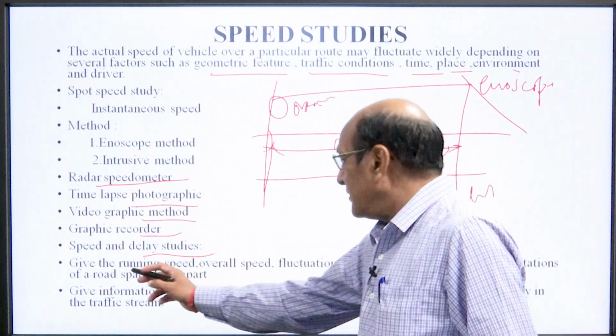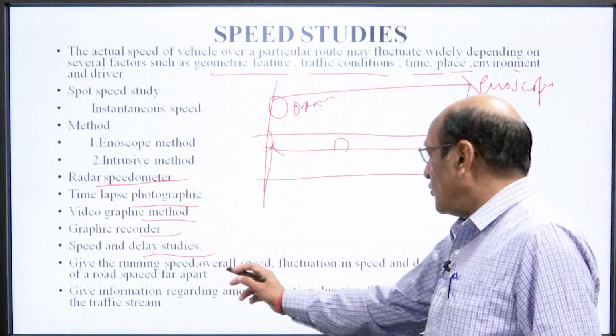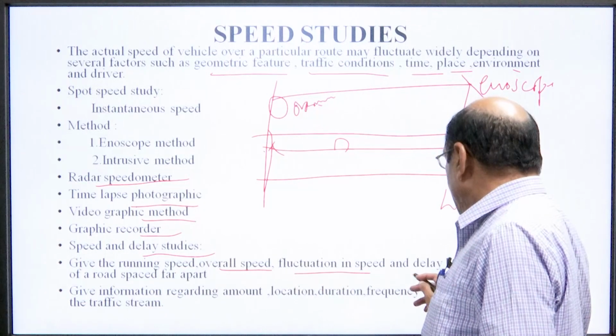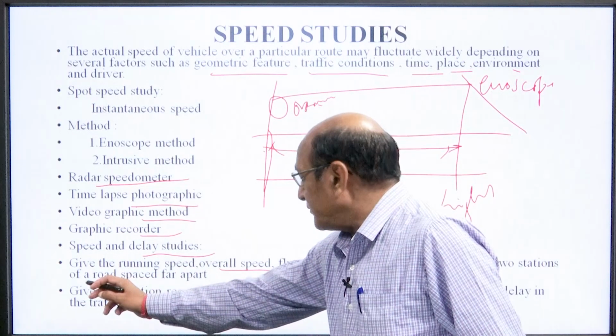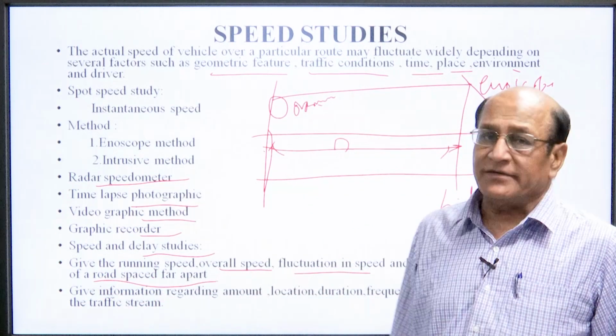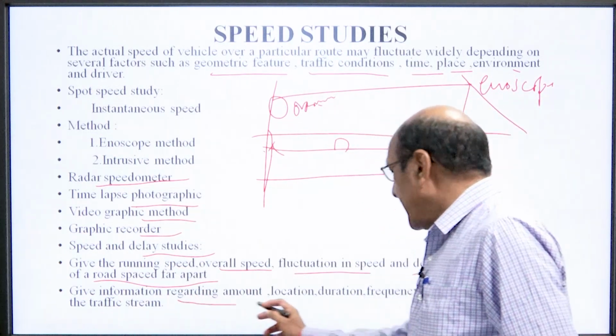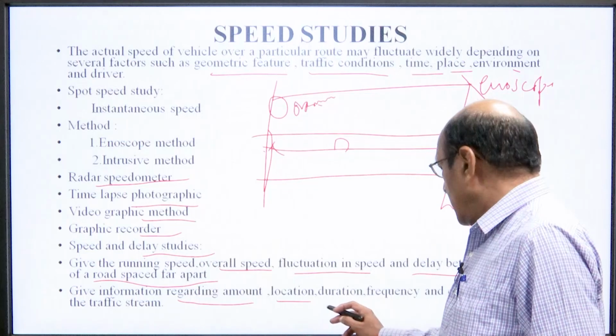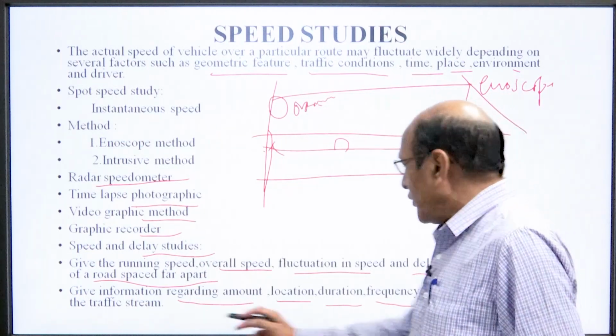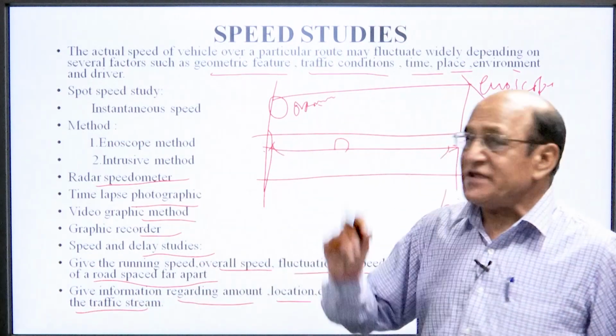They give the running speed, overall speed, fluctuation speed and delay between two stations of the road spaced far apart. They give information regarding the amount, location, duration, frequency and causes of delay in the traffic stream.